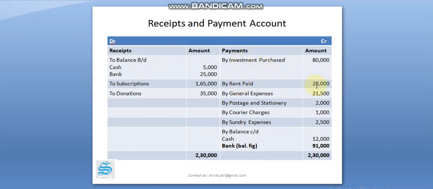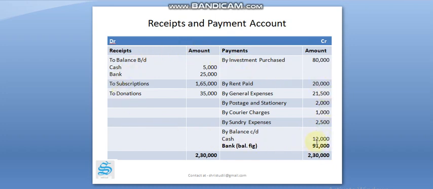Rent paid 20,000, general expenses 21,500, postage and stationery rupees 2,000, courier charges rupees 1,000, sundry expenses of rupees 2,500. Now the closing balance. The closing cash balance has been given to us, which is of rupees 12,000.